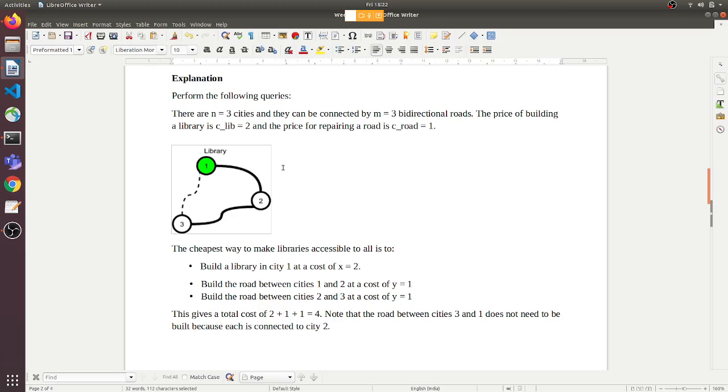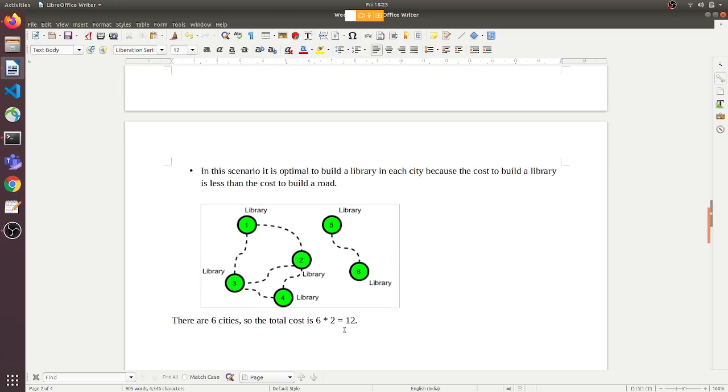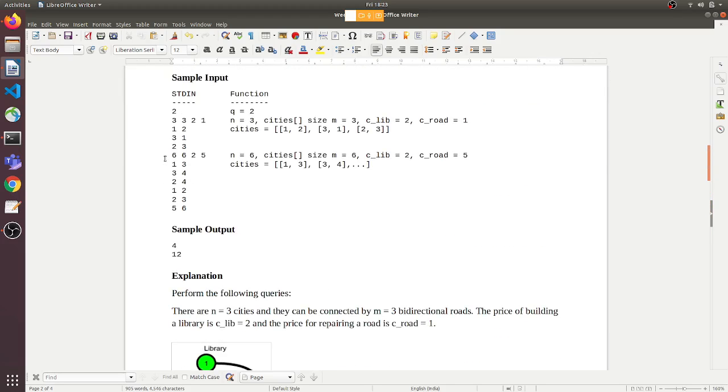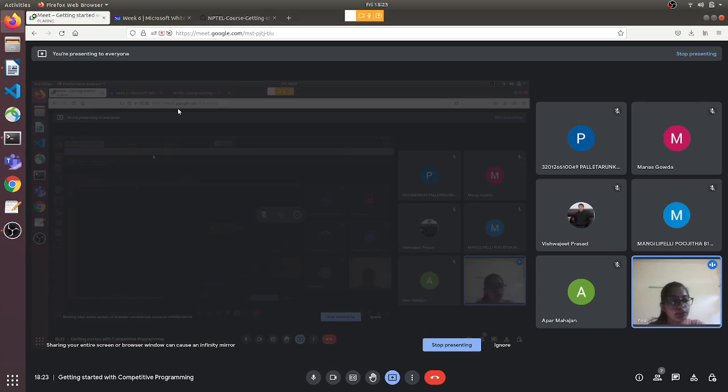Another possibility is that you construct the library in 1, and construct road 1 to 3 and don't construct 2 to 3, because that will be repetitive, you don't need that. So here the solution is that you only need to construct 2 roads and 1 library, and that gives you a total cost of 4. Is this example clear?